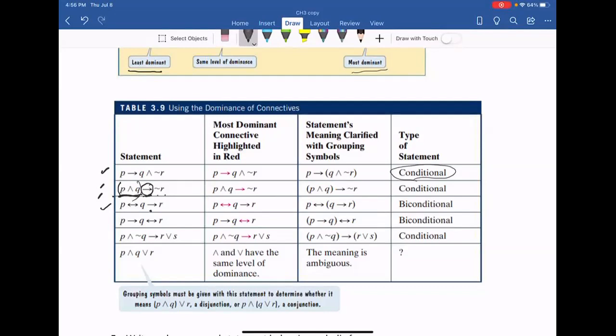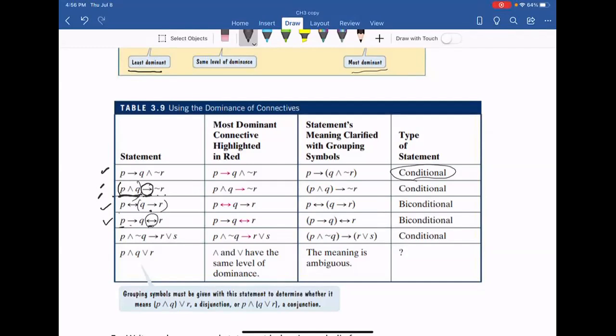I should say P if and only if, this is less dominant, if Q, then R. The type of this statement is biconditional. Next one, P. Okay, look at this. Which one is the most dominant? It's this. This is a biconditional statement.